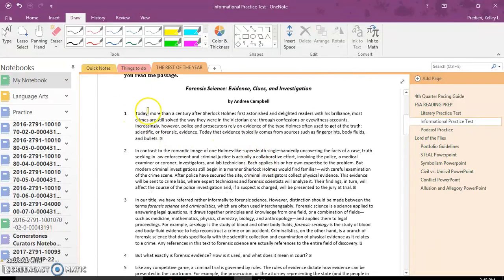So if we look at that, today, more than a century after Sherlock Holmes first astonished and delighted readers with his brilliance, most crimes are still solved the way they were in the Victorian era, through confessions or eyewitness accounts. Increasingly, however, police and prosecutors rely on evidence of the type Holmes often used to get at the truth.